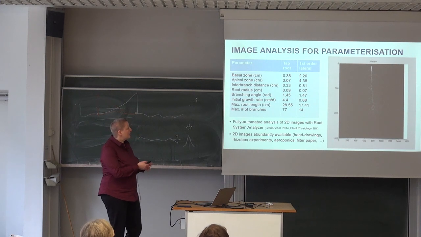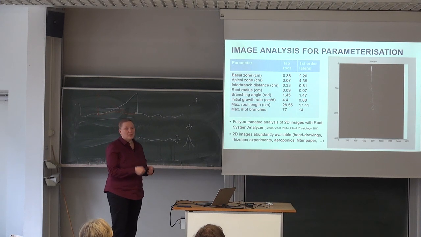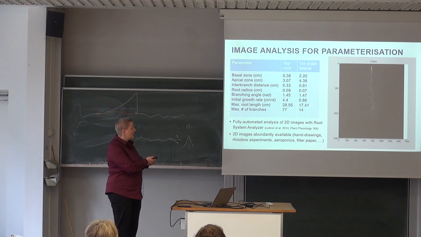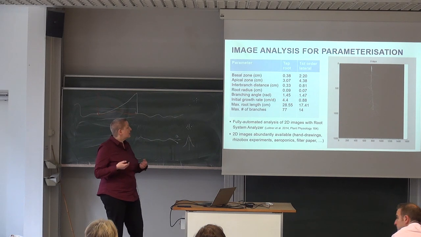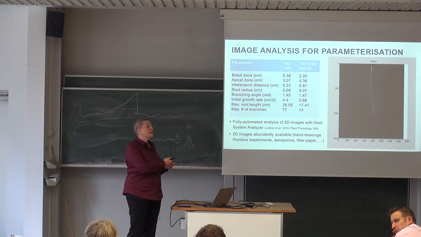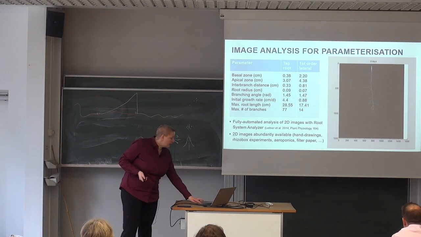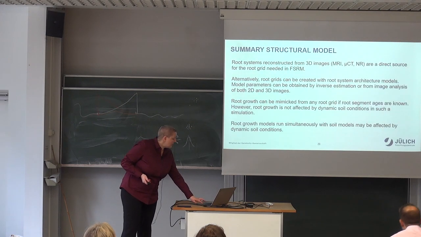So I tried to show you that we have data that are basically images of root systems, like 2D images like this one, or 3D images, and then we can process and analyze these images so we can infer these values.